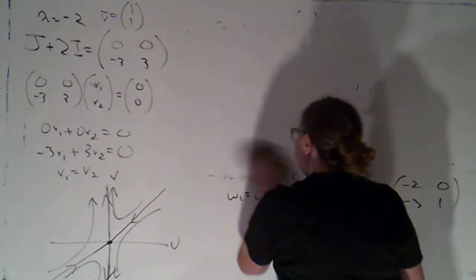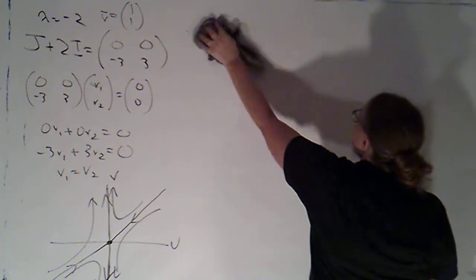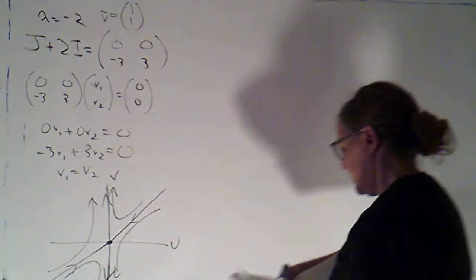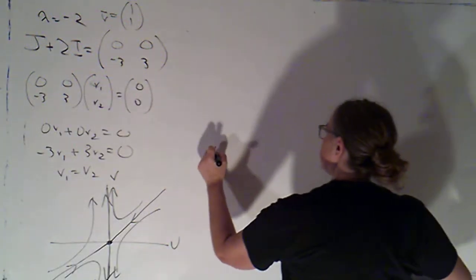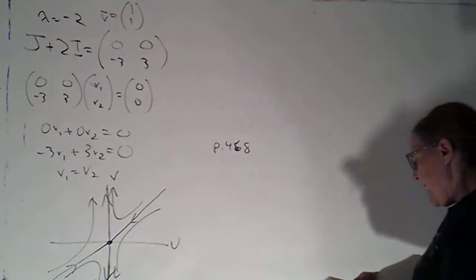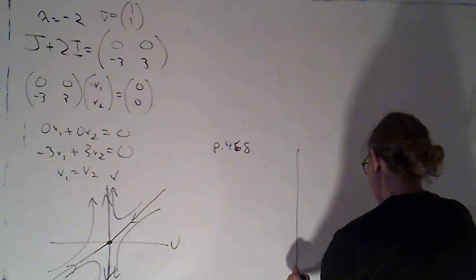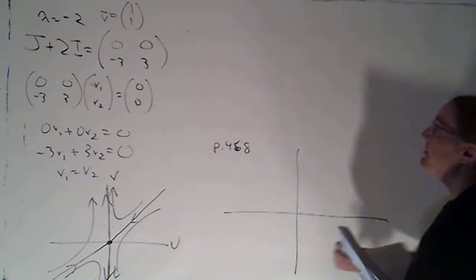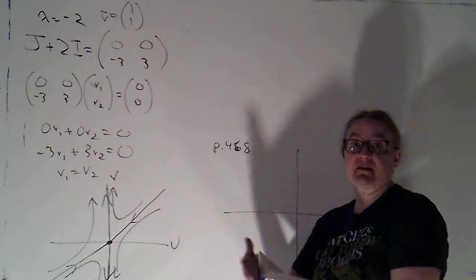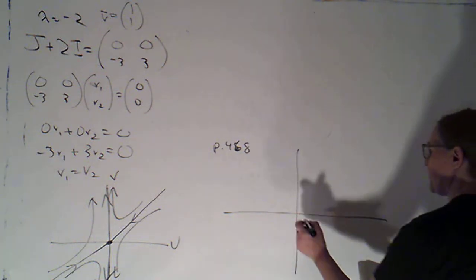Now, this example is worked out to some extent in your text. It is actually on page 468. And what they do is they show you the phase portrait for the nonlinear system that we started with, and then they sort of zoom in near the equilibrium points.